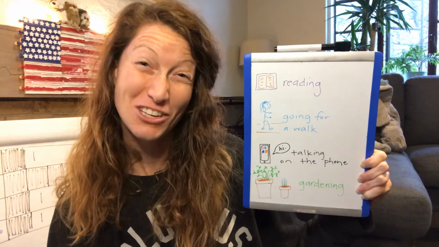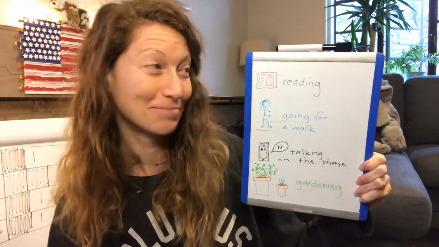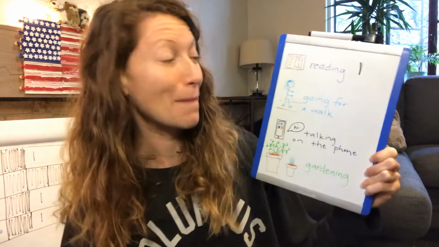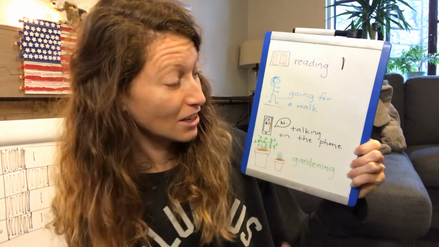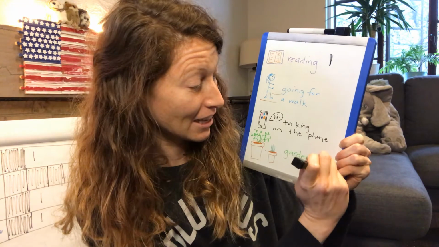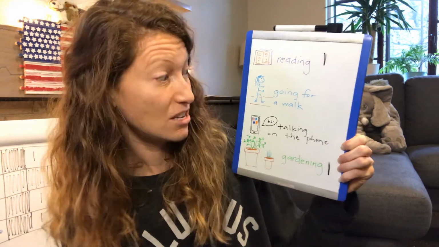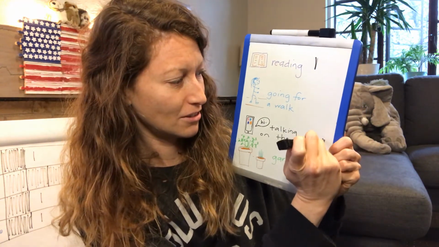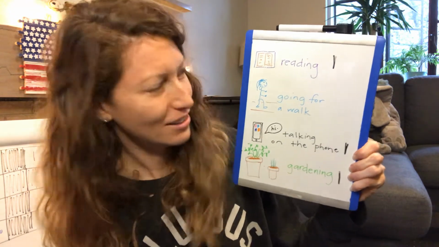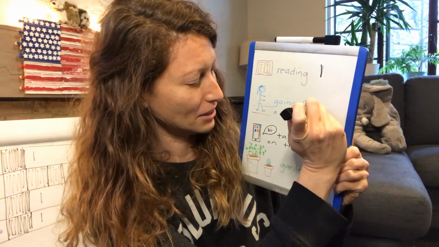Now, I think you might know what I love doing the most. Reading. But you know what my mom loves doing the most? Gardening. My sister Jamie loves talking on the phone. Aretha loves going for a walk.